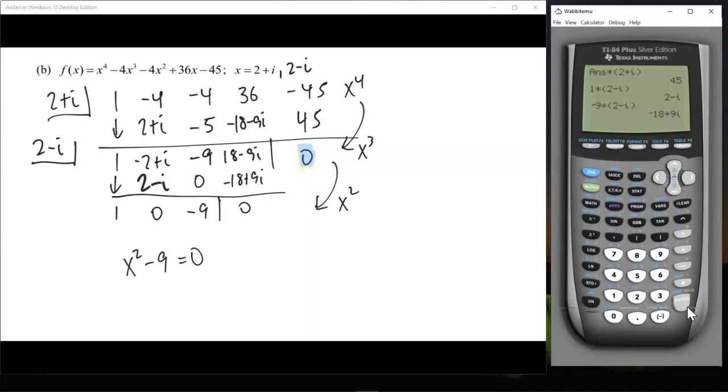And so to find my remaining two zeros, I'm just going to solve this quadratic. Square root method is probably the easiest way, so add over the 9 and then take the square root to get plus or minus 3. And in addition to plus or minus 3, we also have 2 plus or minus i, which is a total of 4 zeros, which should make sense because this was a 4th degree polynomial.